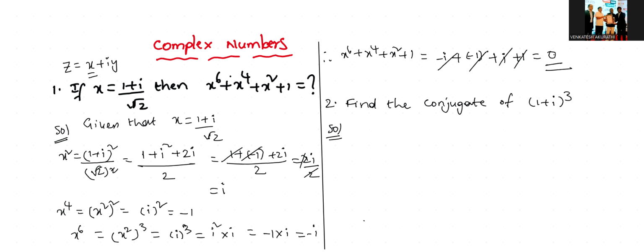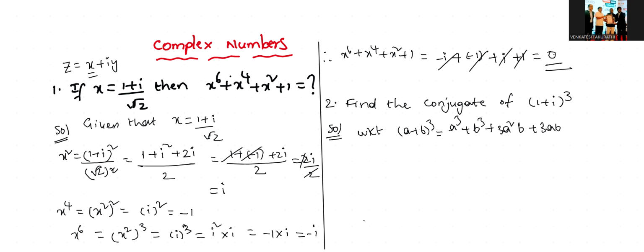And the next problem, find the conjugate of (1 plus i) whole cube. We know that the a plus b whole cube formula is a cube plus b cube plus 3a square b plus 3ab square.